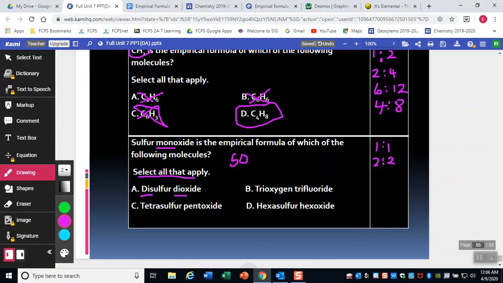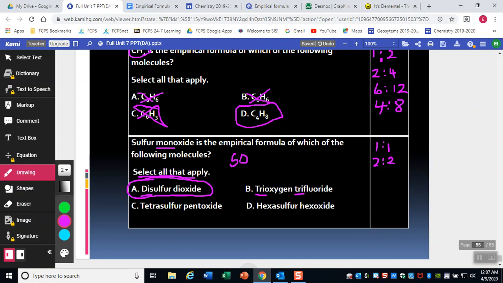Notice it says select all that apply, so you can have more than one molecular formula. B is trioxygen trifluoride. Oh, that can't be it.